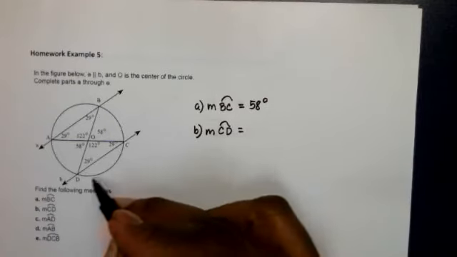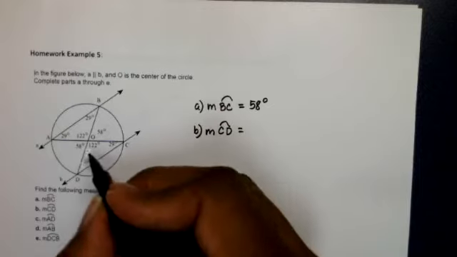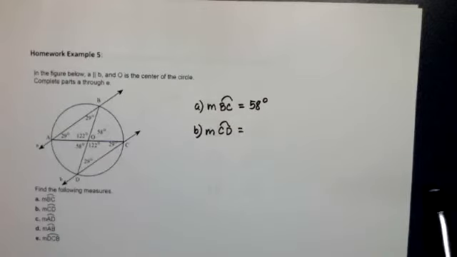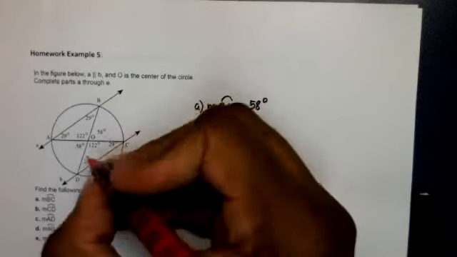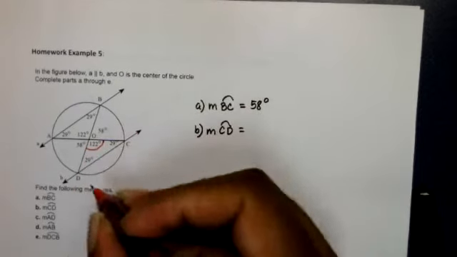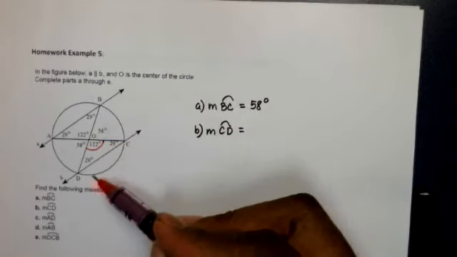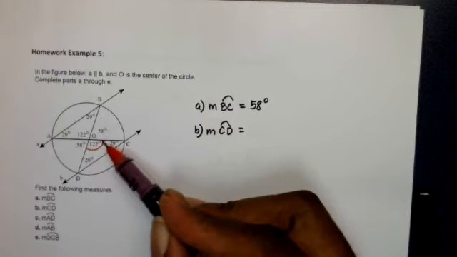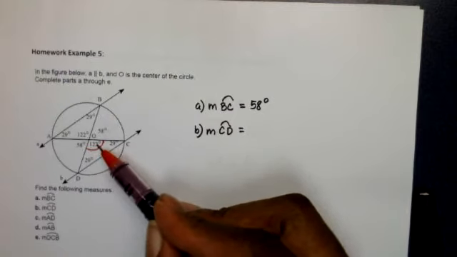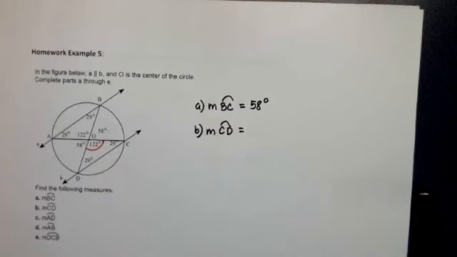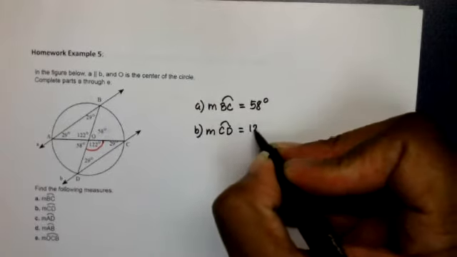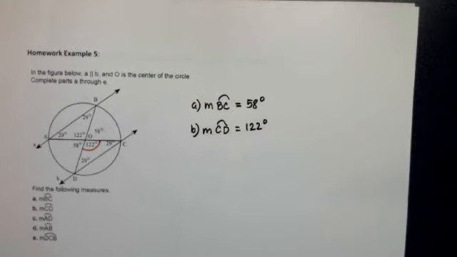Measure of arc CD, that's this right here. Let's look at that central angle right there. That's 122 degrees. So here, the measure of this arc has to be the same as the measure of the central angle. So if that's 122, then arc CD has a measure of 122 degrees.